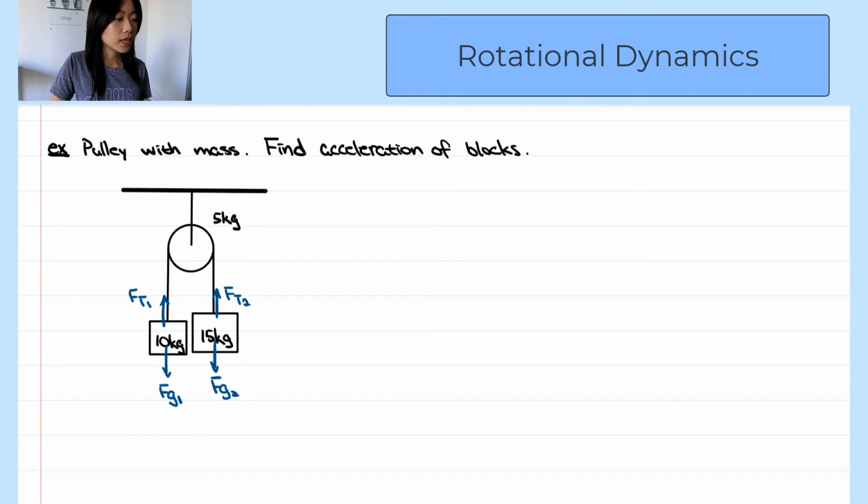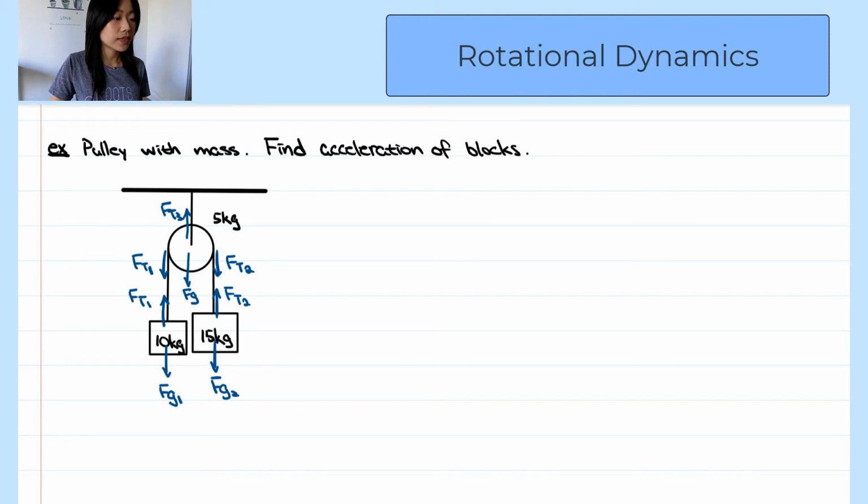On the pulley, there are tension forces, Ft1 acting on the left and Ft2 acting on the right. And the pulley also has mass, so it has a gravity force, and it is attached to another string, so there is another tension force.